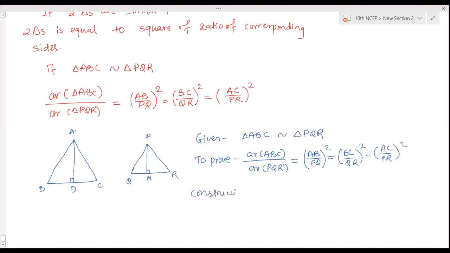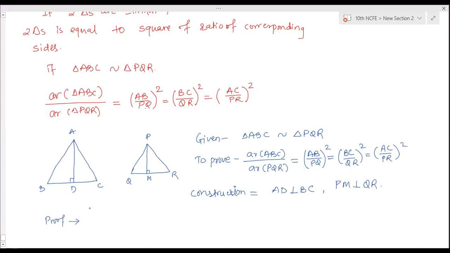Construction: AD is perpendicular to BC and PM perpendicular to QR. This is our construction.